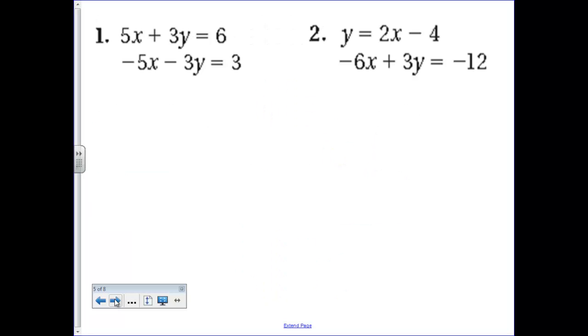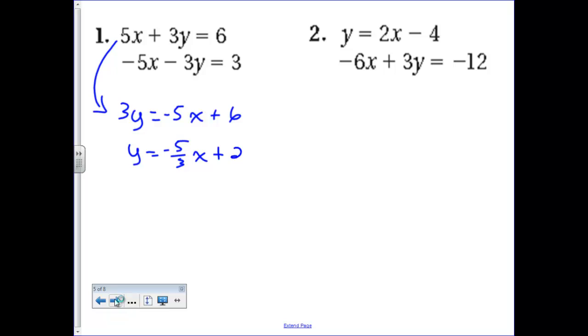Okay, so how can I tell how many solutions we have here? Well, I'm going to rewrite these in slope-intercept form. So the first one here is going to become 3y is equal to -5x plus 6. Y is equal to -5/3 x plus 2. And then I'll do the next one here.